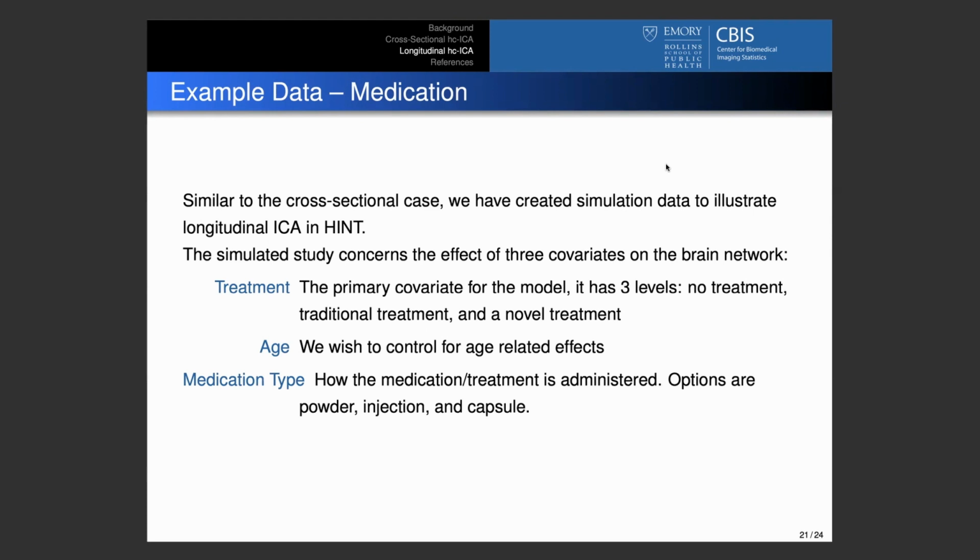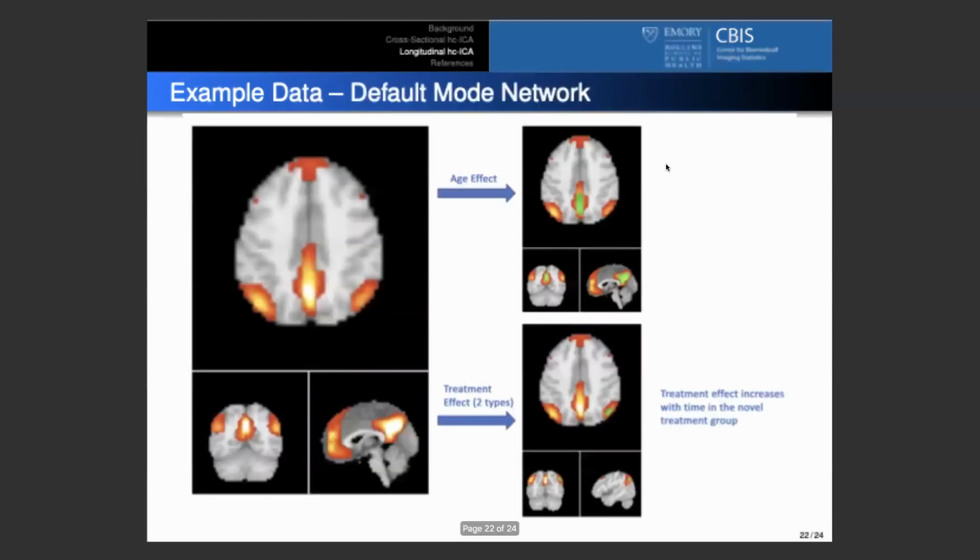Those levels are going to be no treatment, traditional treatment, and a novel treatment. And there's going to be an age-related covariate and a medication type covariate. And this medication type is going to have 3 different classes: powder, injection, and capsule. And once again, the actual effects themselves are going to be nestled within population level maps.